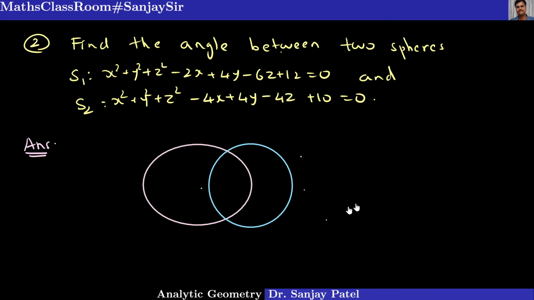The two spheres are intersecting each other, and we want to find the angle between these two. So if C1 is the center of the first sphere, C2 is the center of the second sphere, and P is a common point, then the angle between them is nothing but the angle between the two radii, because we know that the radius is always perpendicular to the tangent plane at the sphere, at the point of contact.